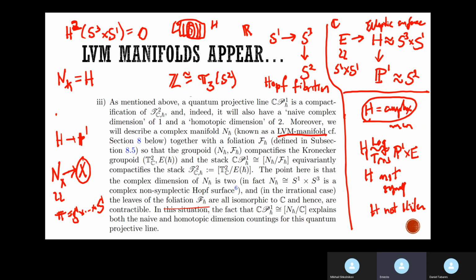But if I take the universal cover of the elliptic curve, this will be P1 together with a gerbe, because the stabilizers will again have a set stabilizer. And I'll get a gerbe over P1. I will get gerbed P1 if I take the universal cover of leaves of these foliations.